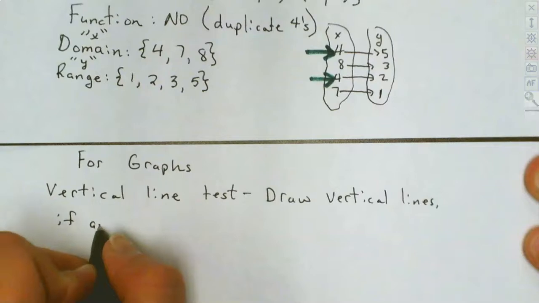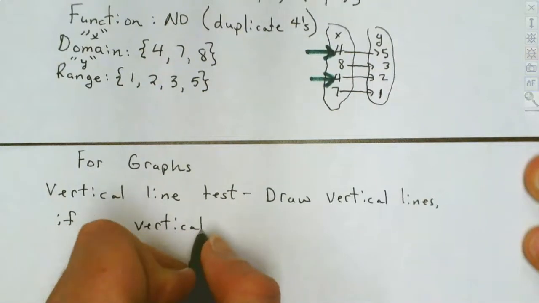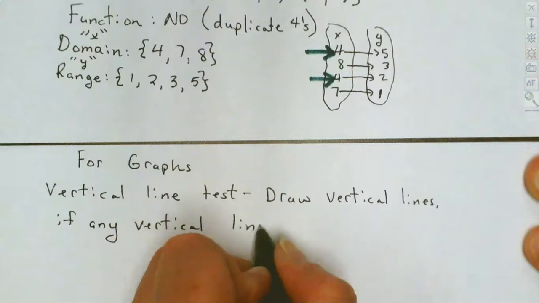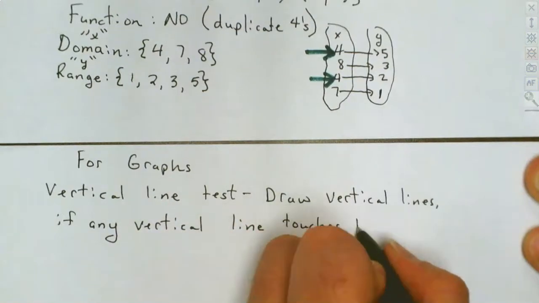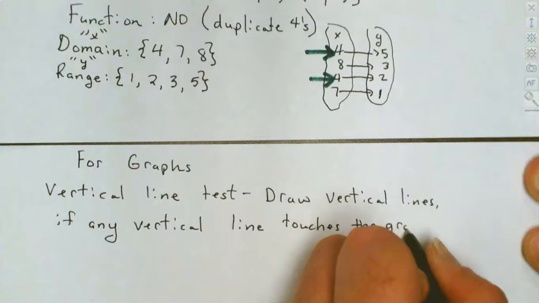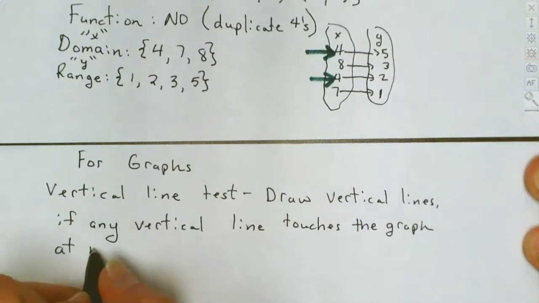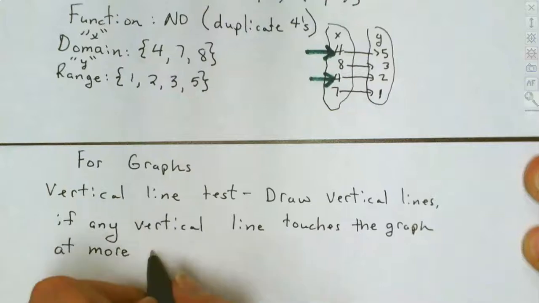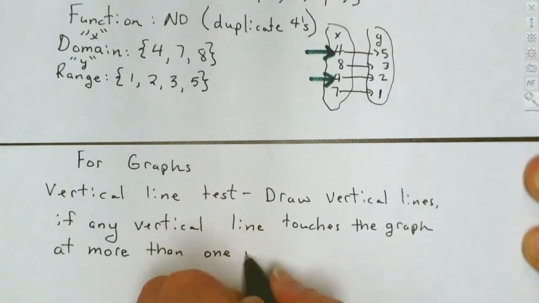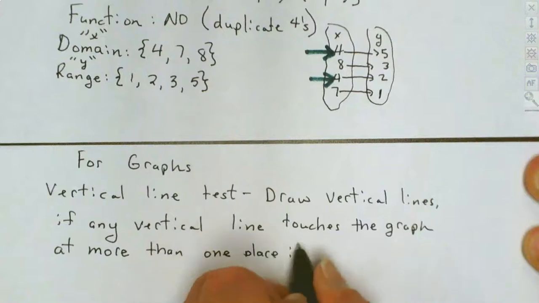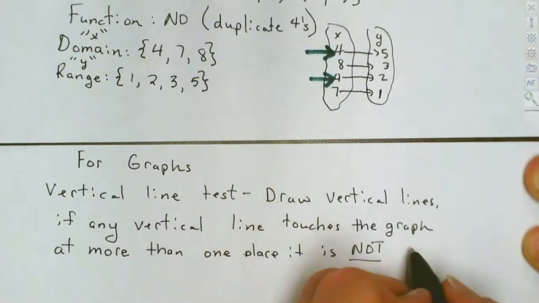If any vertical line touches the graph at more than one place, it is not a function.